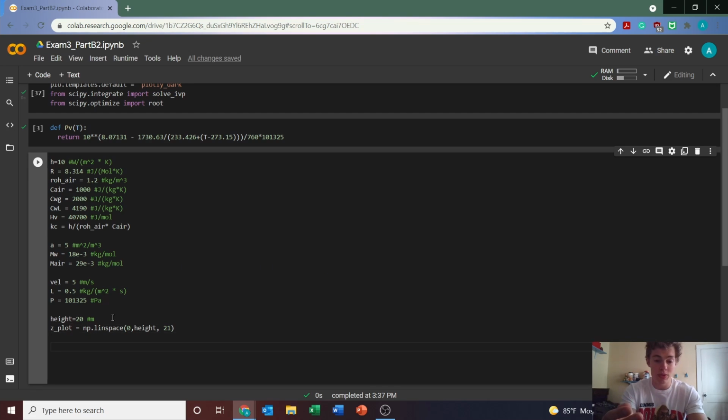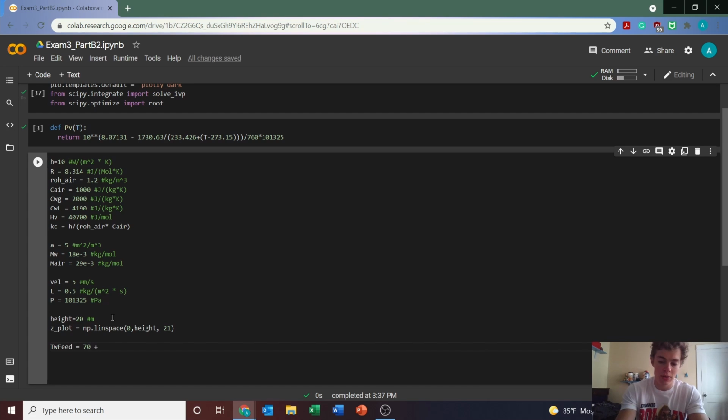The next thing we're going to do is import those temperatures that were given to us. So we're going to have the temperature of our water feed, which was given as 70 degrees Celsius.